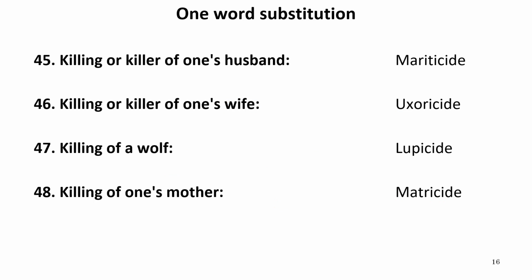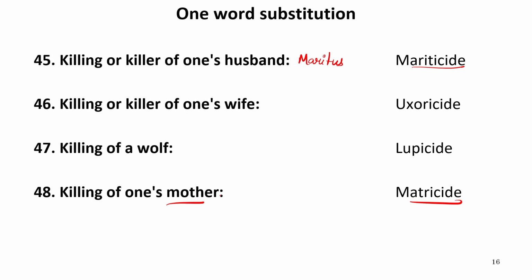Killing or killer of one's husband is known as mariticide. Now this term comes from the word maritus. Maritus is actually a name for husband in another language. So from this term we can learn the word mariticide. Now there is one more similar term, that is killing of one's mother. This is matricide.